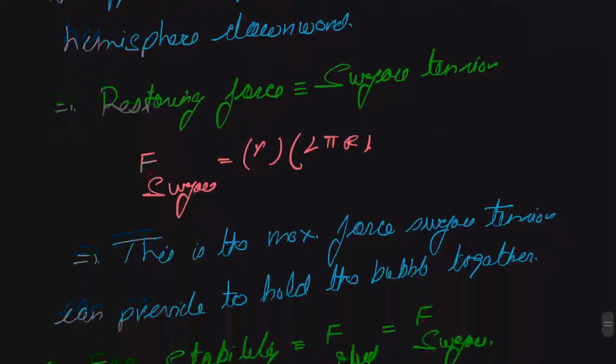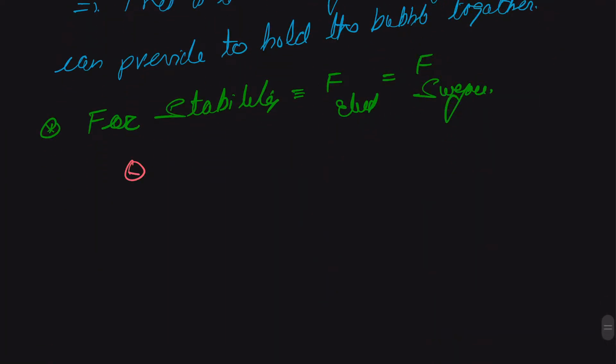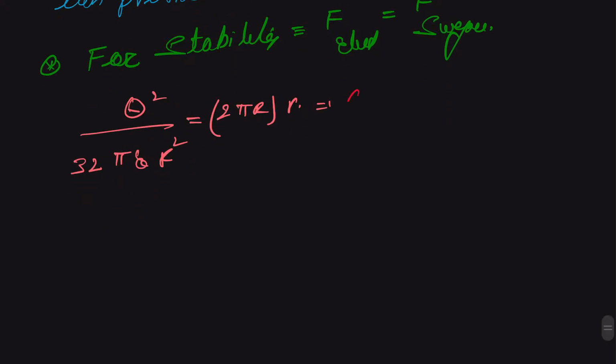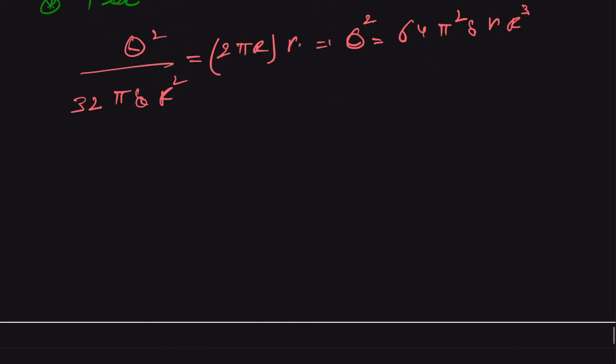We have Q squared upon 32 pi epsilon naught r squared equal to 2 pi r times gamma, and from here we can find out the value of charge Q. Q will be equal to the square root of 64 pi squared epsilon naught gamma r cubed. Simplifying a little bit, our critical charge will be equal to 8 pi times the square root of epsilon naught gamma r cubed.